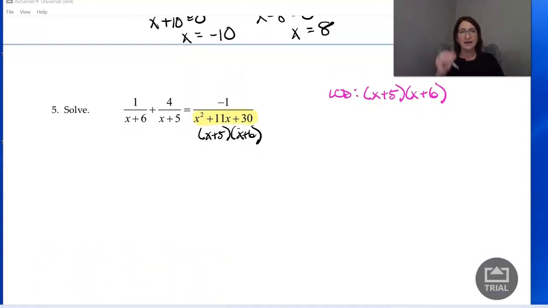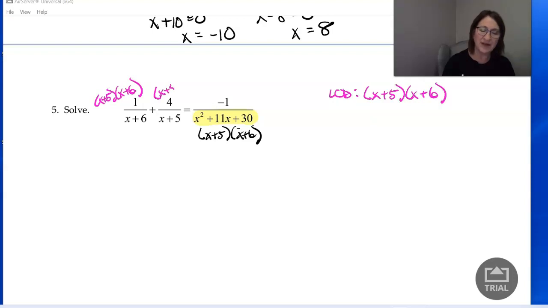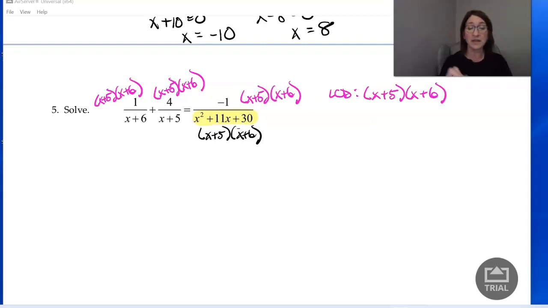We multiply each of those terms by that least common denominator. All right, so x plus 5, x plus 6 times each term. Okay, let's go ahead and reduce. So looking at that first term over to the left, my x plus 6 is reduced, and I'm left with x, I don't even need the parentheses here.